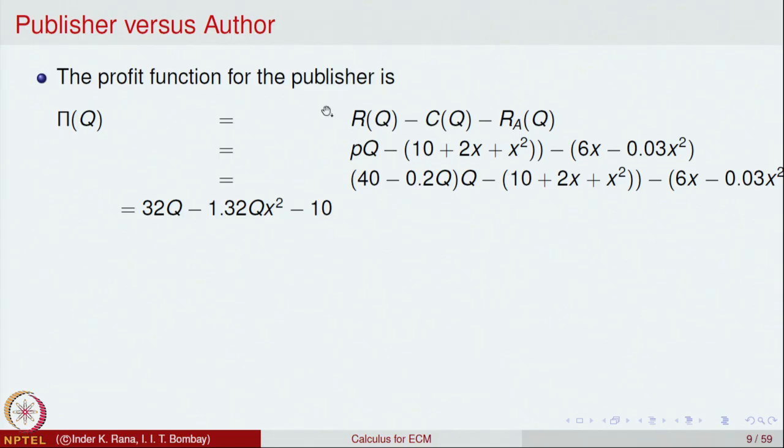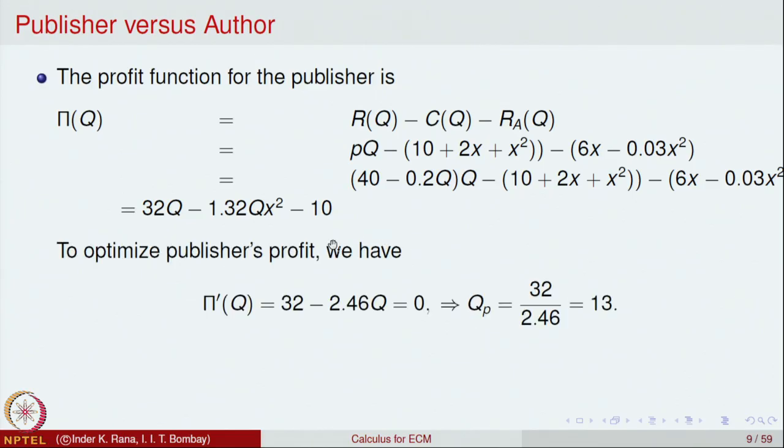So, in this calculation, please treat X as capital Q. Once you simplify this equation, it comes out to be 32 Q minus 1.32 Q square minus 10. So, it is not Qx square, it is Q square, so X is extra here. I am sorry for the typos here. So, that comes out to be equal to this.